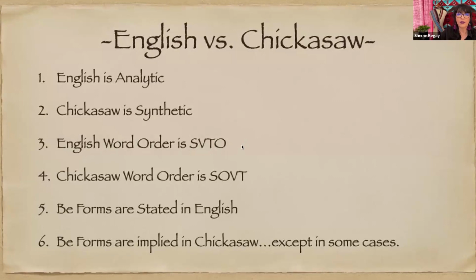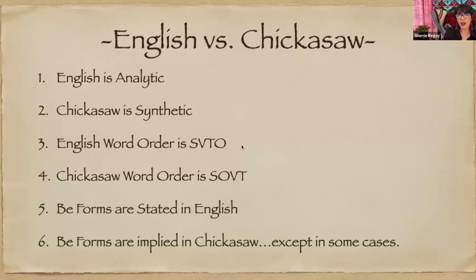For example, the dog chased the cat. We've got a dog, and he's the subject, he's first. Chase would be the verb, that comes next. And in the past tense, so the tense is on chase, so chased. And then the object is the cat, and he goes at the end. So the dog chased the cat.